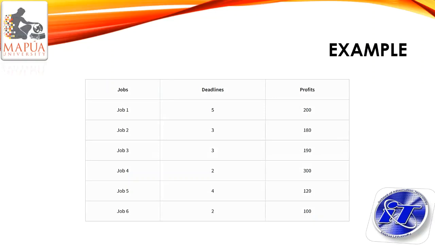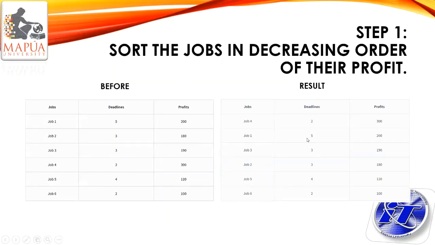First step, organize our jobs based on the profit, highest first. In this example, it's job 4, followed by job 1, job 3, job 2, job 5, and lastly job 6. This will be the new order that we're going to use in our sequencing.